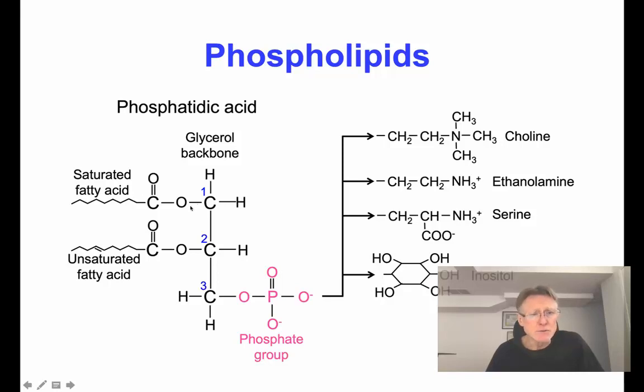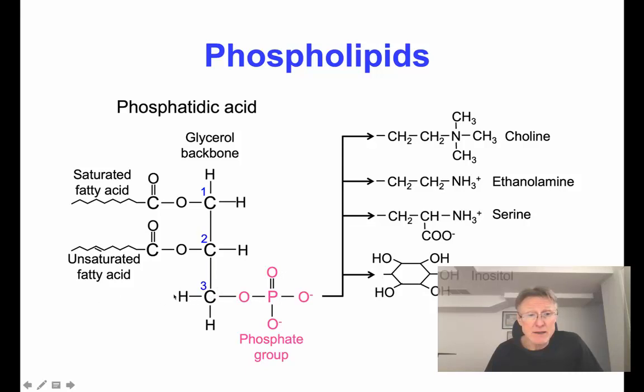Then on carbon 2, you have an unsaturated fatty acid, and the type will depend on the composition of your diet, so there are many of them. And then on carbon 3, if you were to look at a triglyceride molecule, you would expect another fatty acid to be bound here.